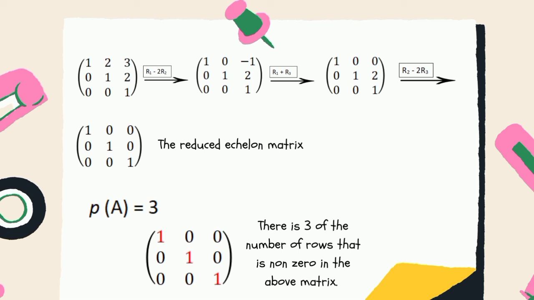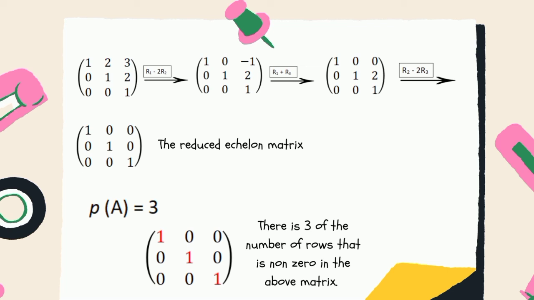Row 1 is referred to I, row 3 is referred to J, so we need to change at row 3 and then we will get 1 0 0 0 1 2 0 0 1. Next, row 2 minus 2 row 3. So we need to change row 2 because it's referred to I and then we will get the reduced echelon matrix is 1 0 0 0 1 0 0 0 1.